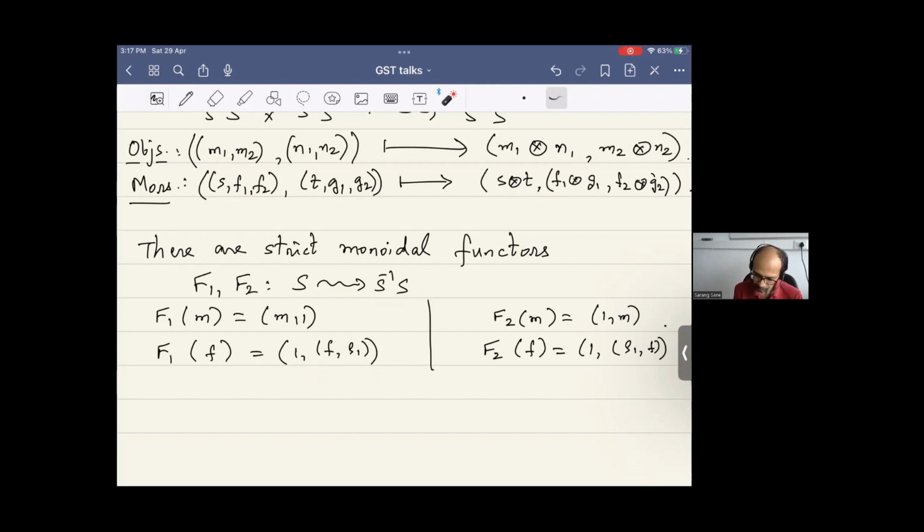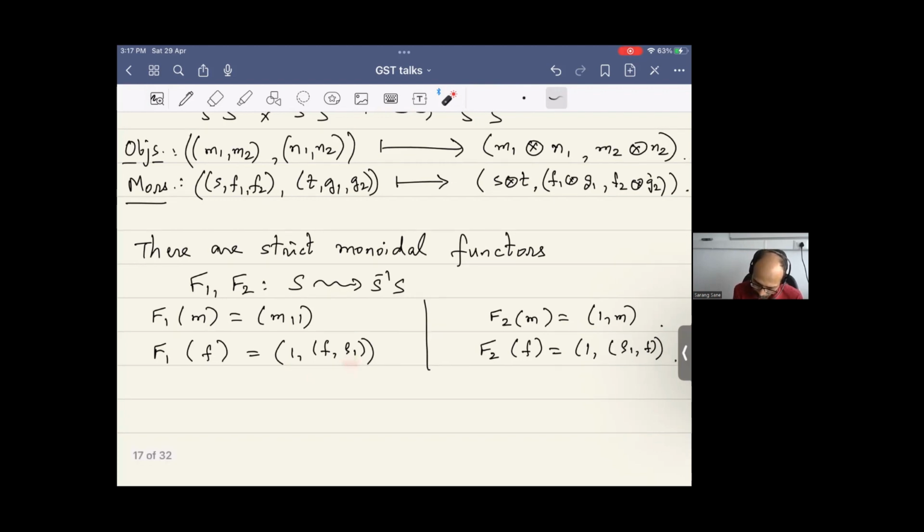I'm just calling it F because for 1 tensor M to M, there is a natural map using the left unitor. So that's lambda M. And then the other map, rho 1, this is from 1 tensor 1 to 1. So that's rho 1. Okay. And similarly, you have the same thing happening on this side. You have 1, but now the roles of lambda and rho are flipped over, right? So these give you strict monoidal functors.